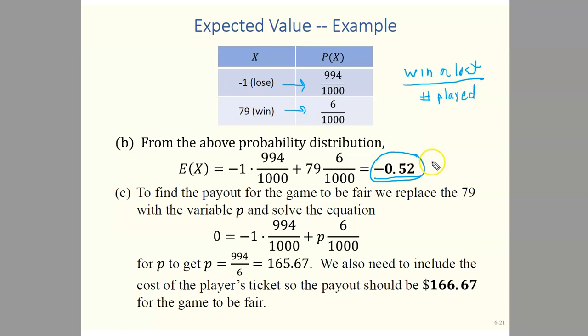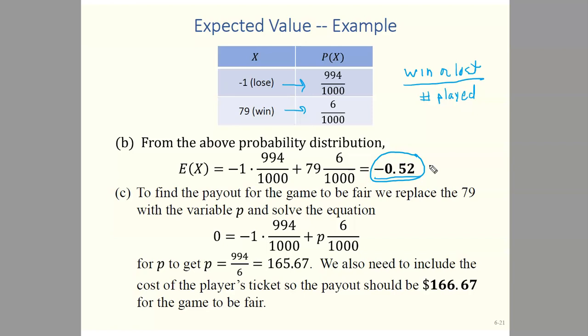Which also means that if you played the game many times, in the long run, you would expect to lose 52 cents each time you play this game. Or, in the long run, for every dollar you put into the game, you can expect to get back only 48 cents.